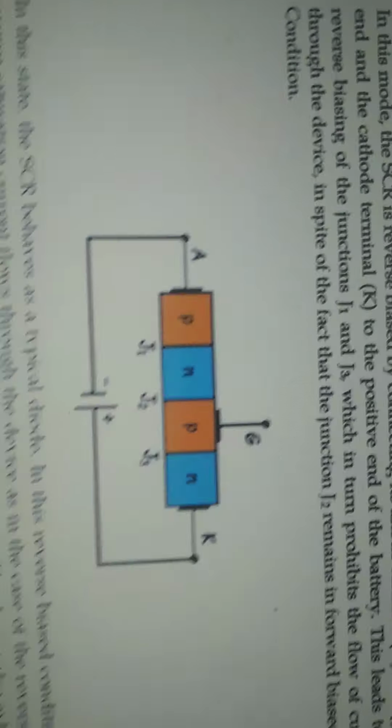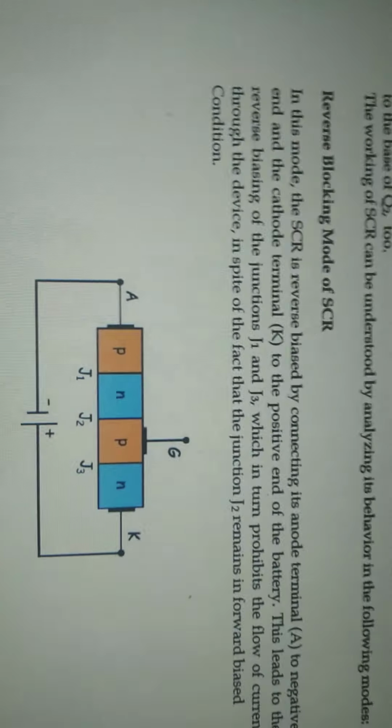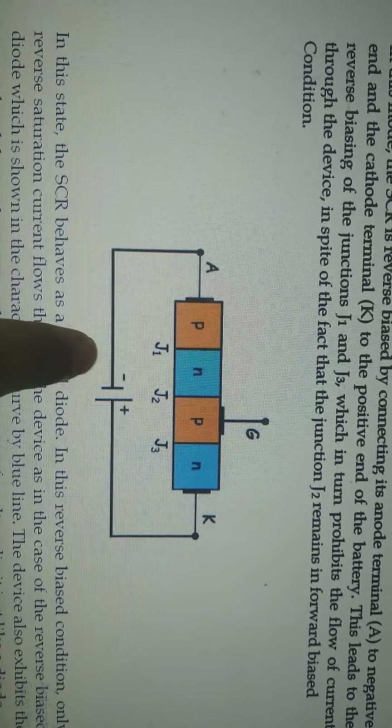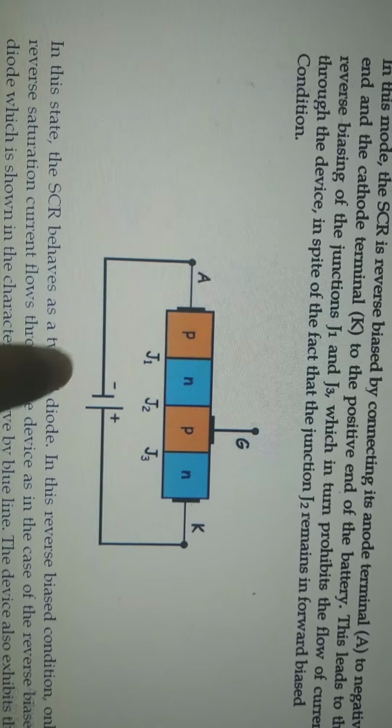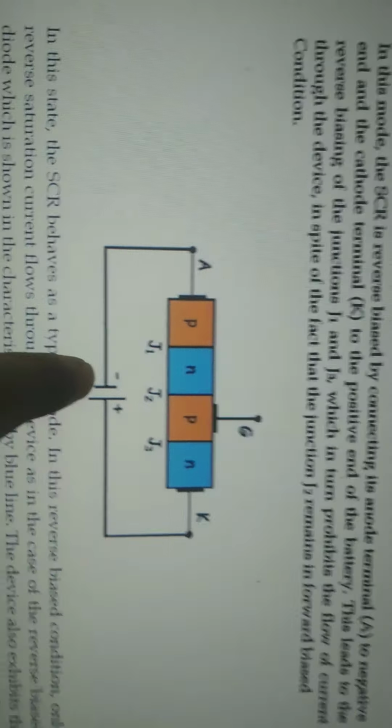So based on this concept, we are going to discuss the reverse blocking mode of SCR. See this is the battery. The battery terminals plus minus, and this minus is connected to anode, and battery positive terminal is connected to cathode.